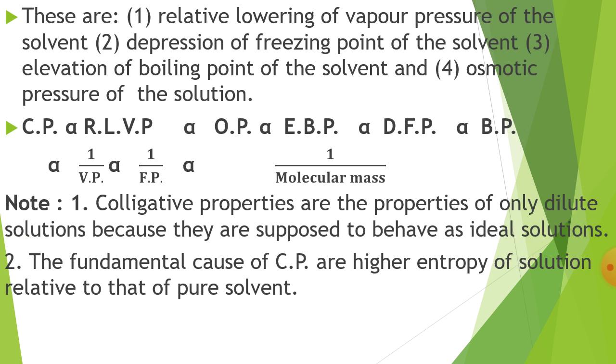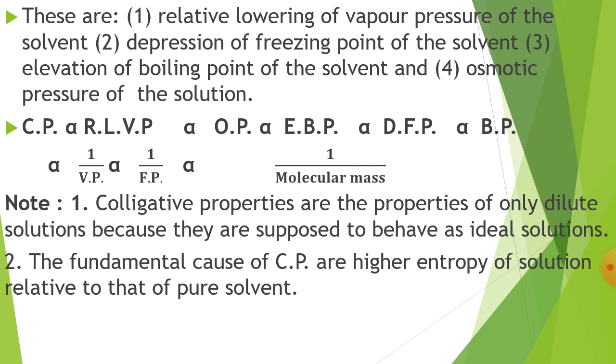Next, the colligative properties which you have to learn in the chapter solution are relative lowering of vapor pressure of solvent, depression of freezing point of solvent, elevation of boiling point of solvent, and osmotic pressure of solution.